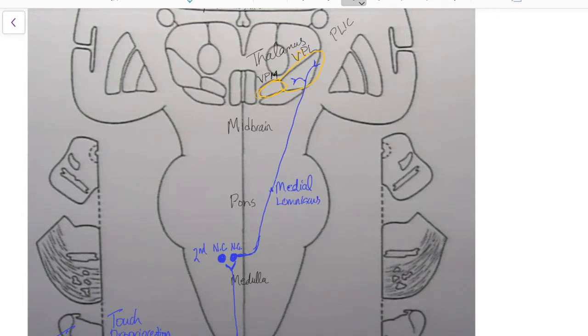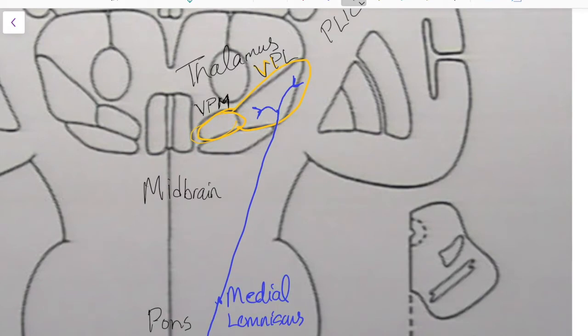Real quick, I just wanted to do this for the thalamus, VPM and VPL. We said VPM is the face, so I like to draw it here. Here we have some eyes, there we have a nose, this guy's laying down, this is his mouth, you can draw his ears, and then here we have his arms, and then here he has his legs.